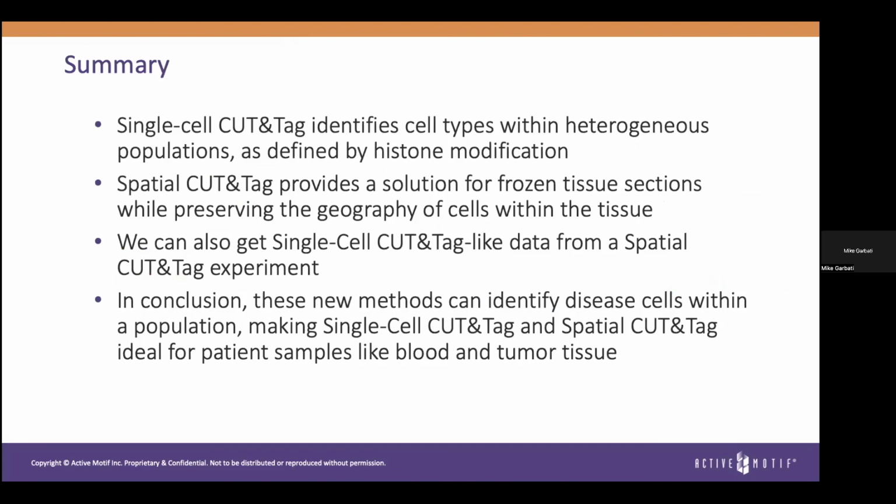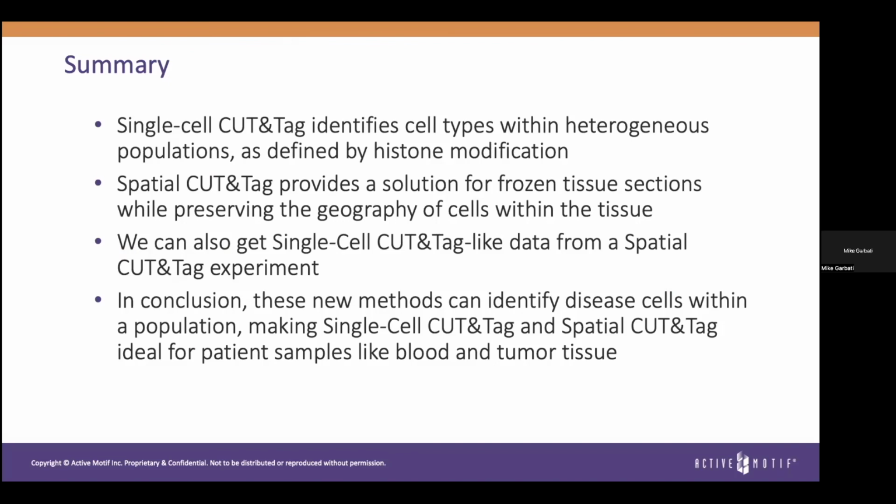So in summary, single cell cut and tag identifies cell types within heterogeneous populations as defined by common histone modification. Spatial cut and tag provides a solution for frozen tissue sections while preserving the geography of the cells within that tissue.